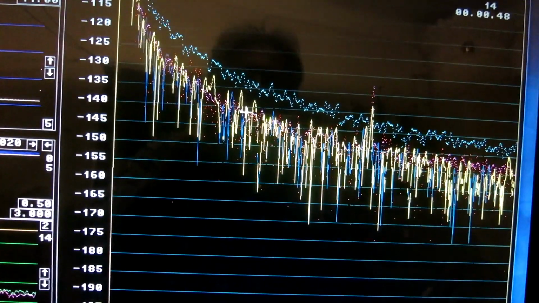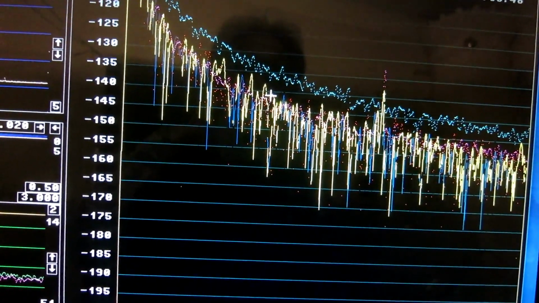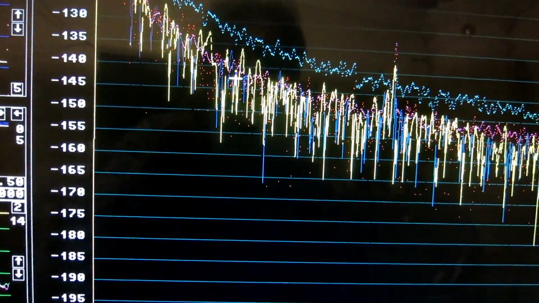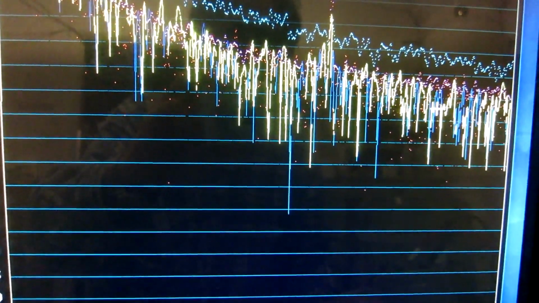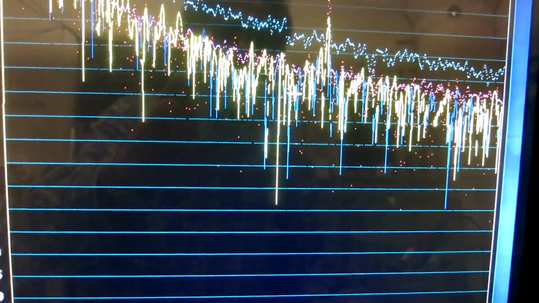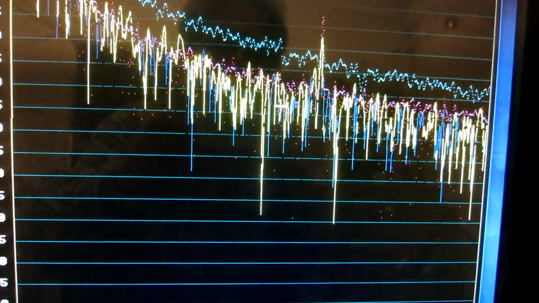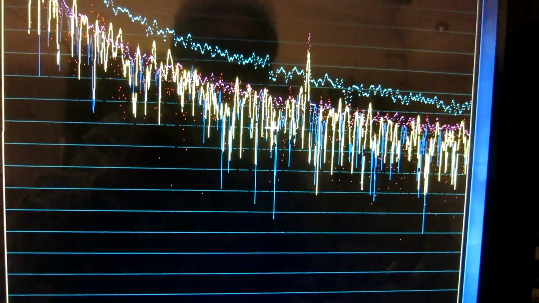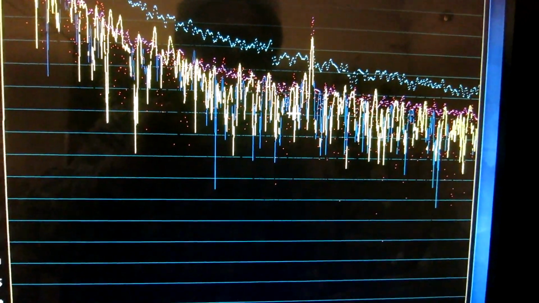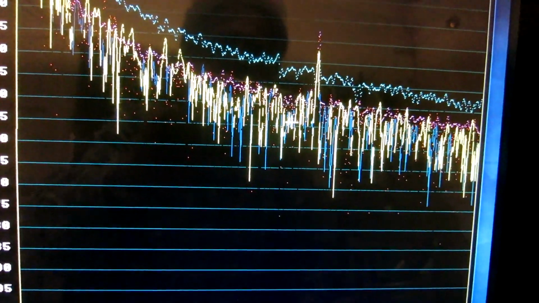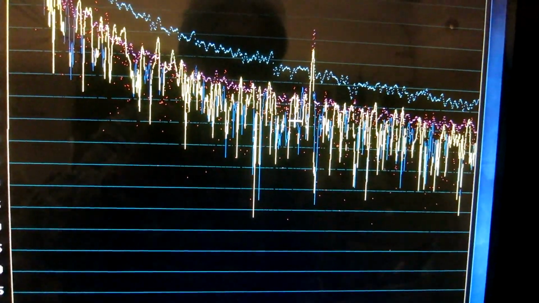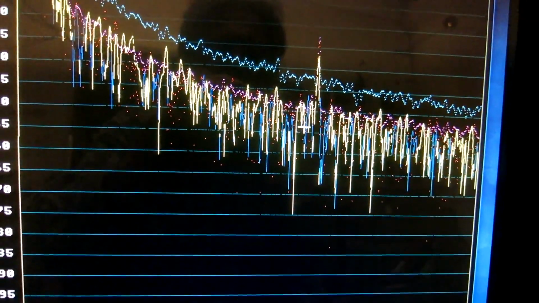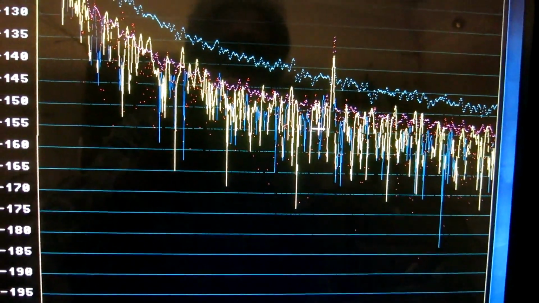I will have to wait because the random noise, the red dots, are at approximately the same level as the yellow and the blue, and there are similar amounts of yellow and blue points, which means there is not much of the correlation signal. This is just random noise, and I have to wait for that to even out.